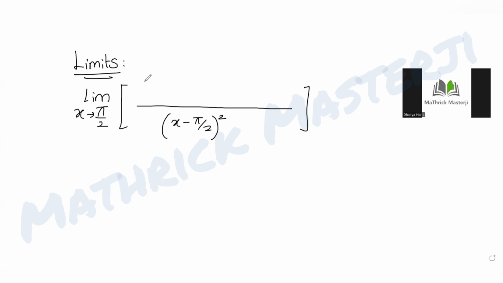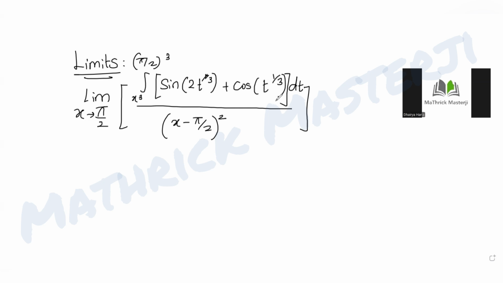The numerator is the integral from x cube to (pi over 2) cube of (sine of 2t raised to 1 over 3 plus cos of t raised to 1 over 3) dt. So we get this entire function, and the question is asking me to find the value of this limit.